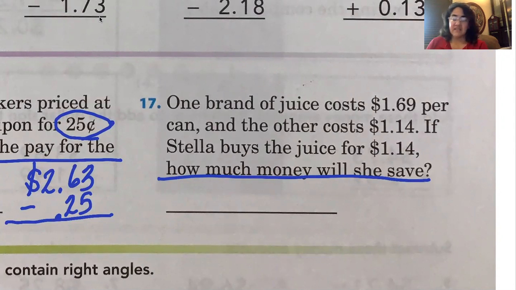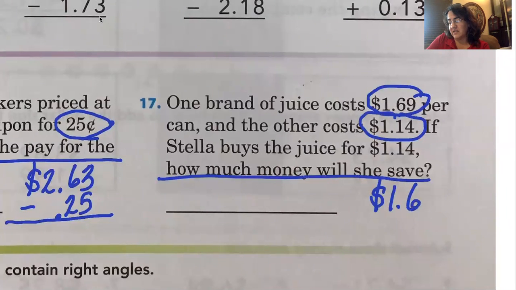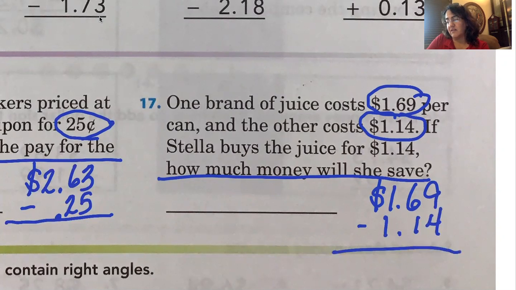So what is our data, Tessa? It's $1.69 and $1.14. And we want to know what is the difference between $1.69 and $1.14. Okay, you guys can figure that out. Write your answer on the line.